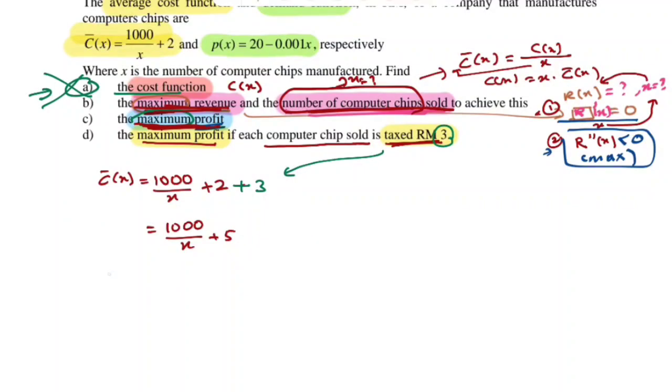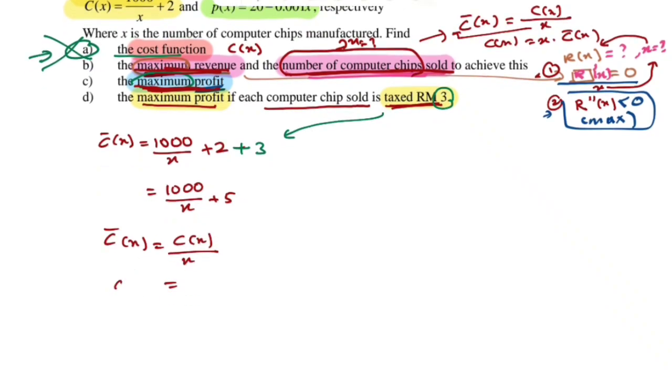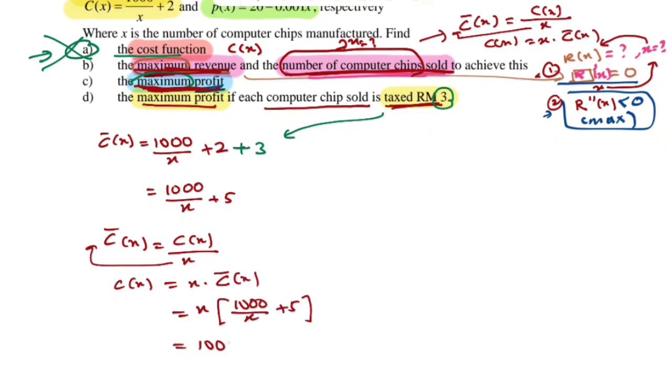Your cost function comes from the formula of average cost over the unit. So to find the cost function, just bring x to the other side. Multiply x with the average cost function. Expand. And this is your new cost function.